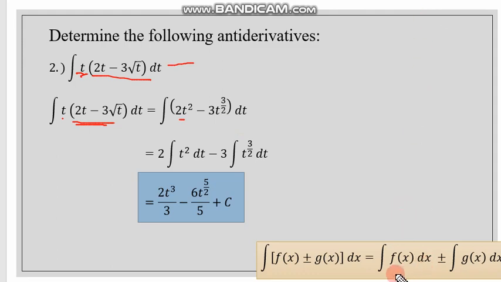From that, we will use the fourth theorem, which is the individual antiderivative of each function. So 2 times the integral of t squared: 2 plus 1 is 3, all over 3. So 2t cubed over 3, minus 3 times the integral of t raised to 3 over 2. So 3 over 2 plus 1 is 5 over 2, over 5 over 2.